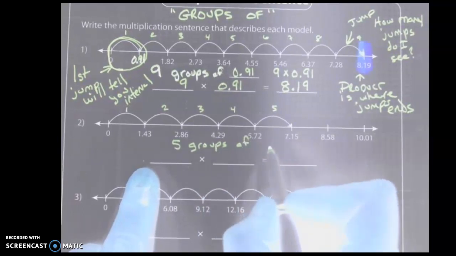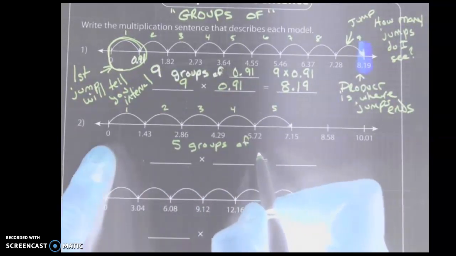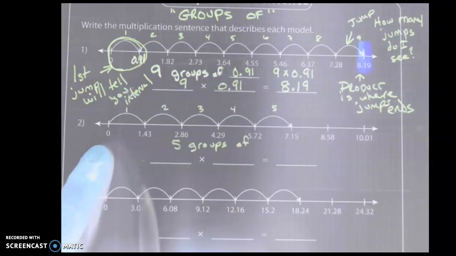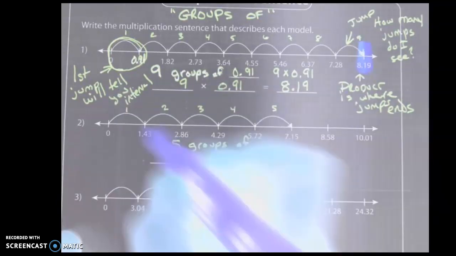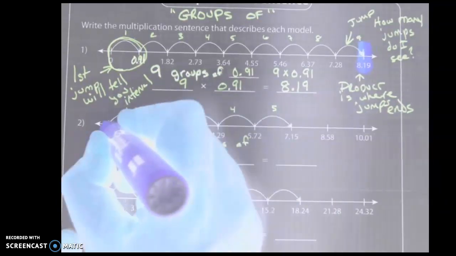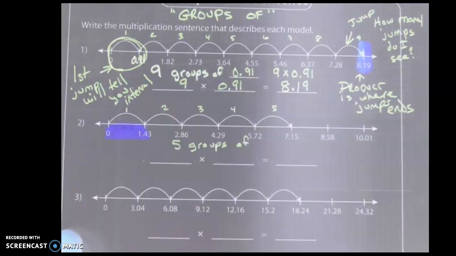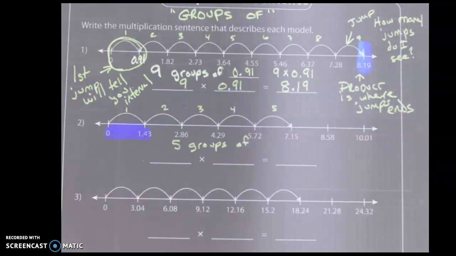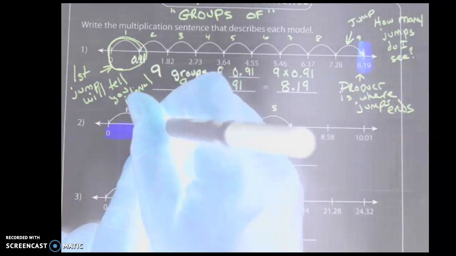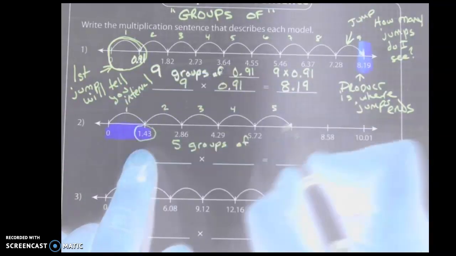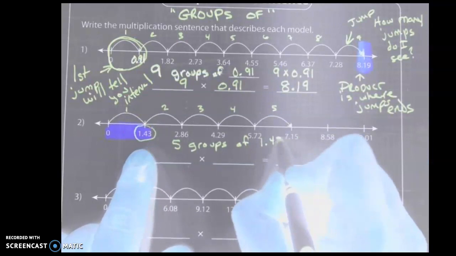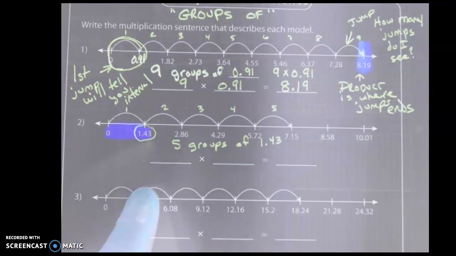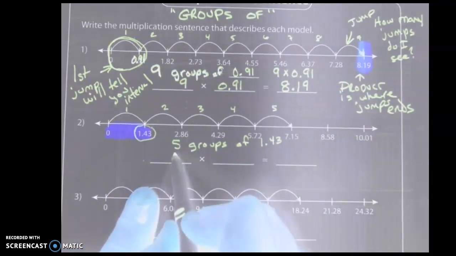Of, and remember now, we're going to look to this very first group. What is the very first group worth? $1.43. So it's 5 groups of $1.43. Okay?